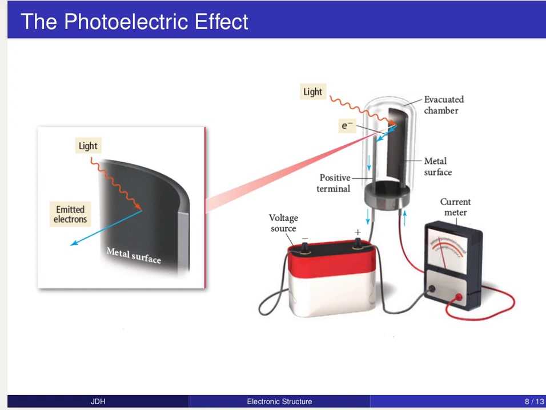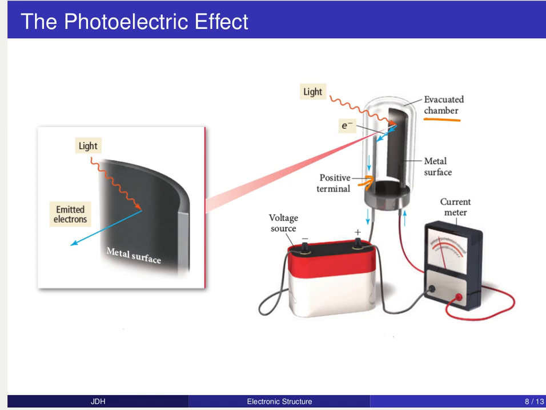So the heart of our experimental setup here is an evacuated chamber, and inside that evacuated chamber is a piece of metal. Remember, evacuated chamber basically means we've taken out as many of the air molecules as we can, so basically think vacuum. So you've got a little vacuum chamber in here, and you've got a piece of metal, and then you've got another little positive terminal, another little electrode sitting right here.